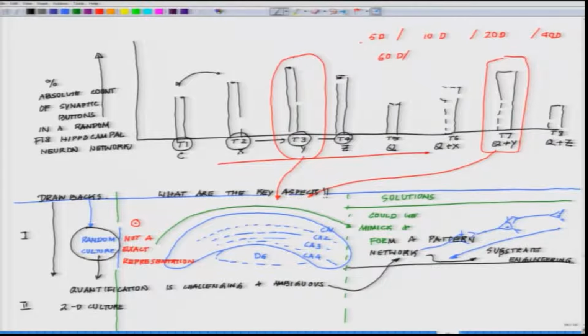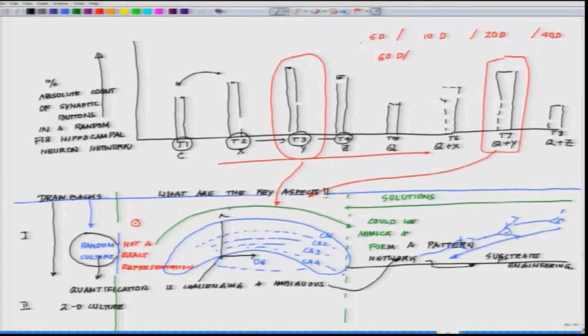It is a two-dimensional culture, but this whole structure has a z axis, right? It has a z axis, it has an x axis, it has a y axis. Fair enough? So, where is the z axis? Now, could we make a 3D culture?